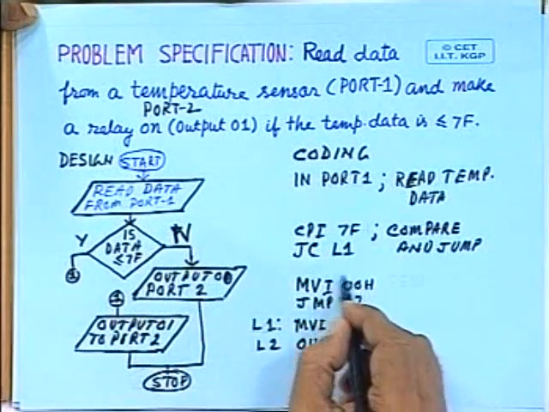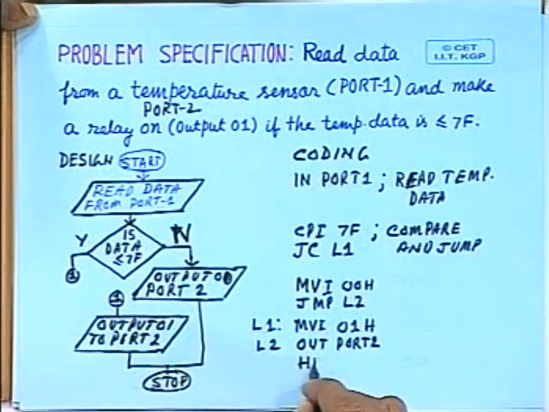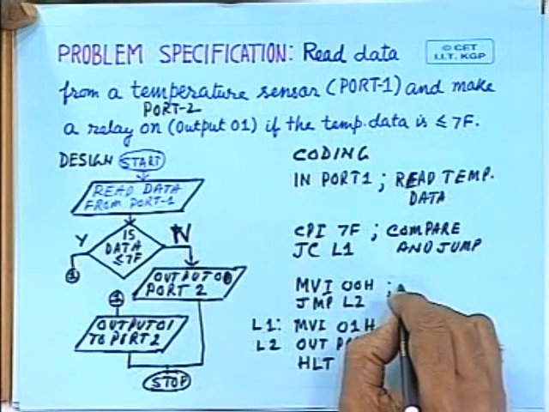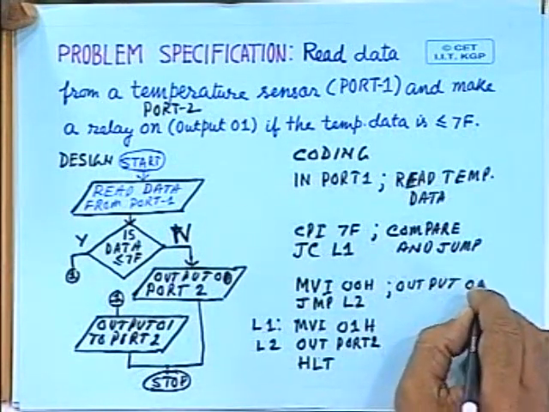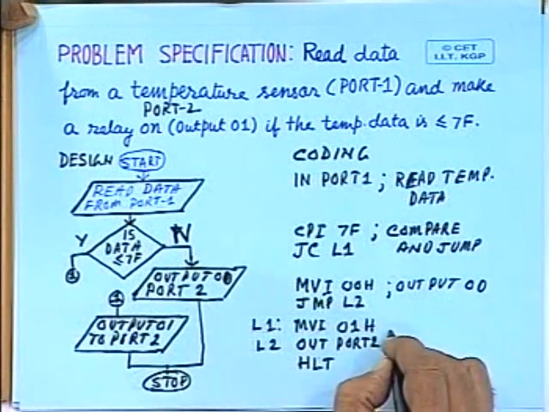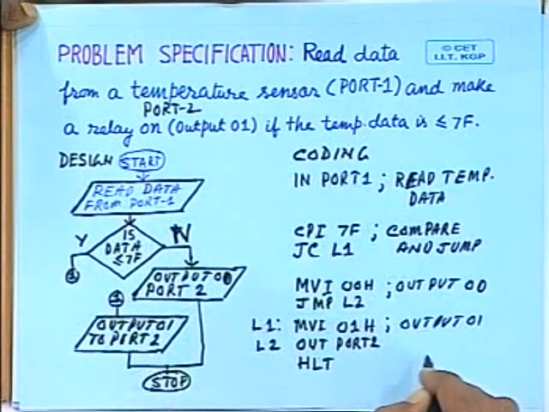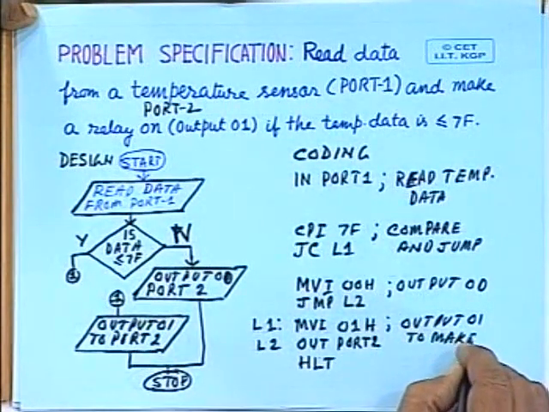This part is implemented by using this instruction, and then you have to end the program with a HALT instruction. So the program stops here. Here you are outputting 00, and here you are outputting 01 to make the relay on.